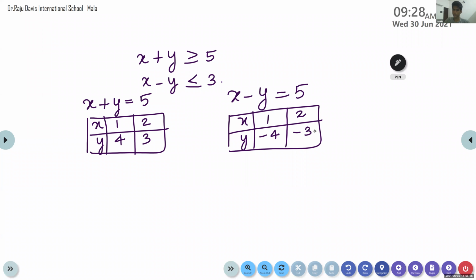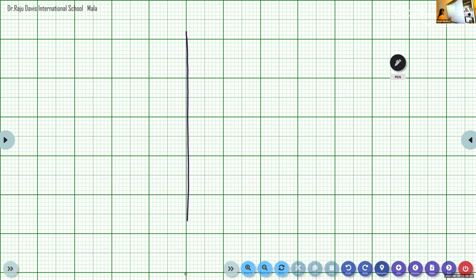Once you find the solution set, we can plot these points on the graph. So, look here. In x, the minimum value is 1 and the maximum we are taking as 2. So I am taking a graph to draw the axes. Then x dash, y dash.